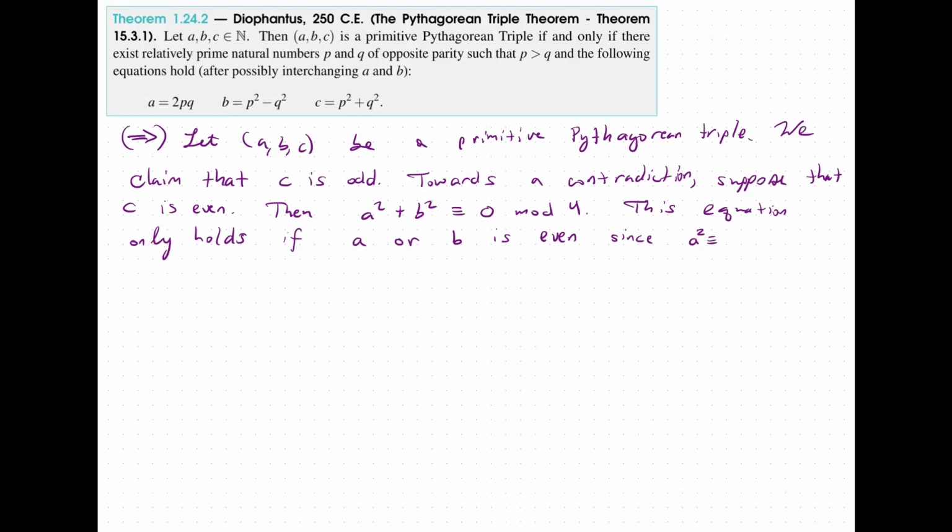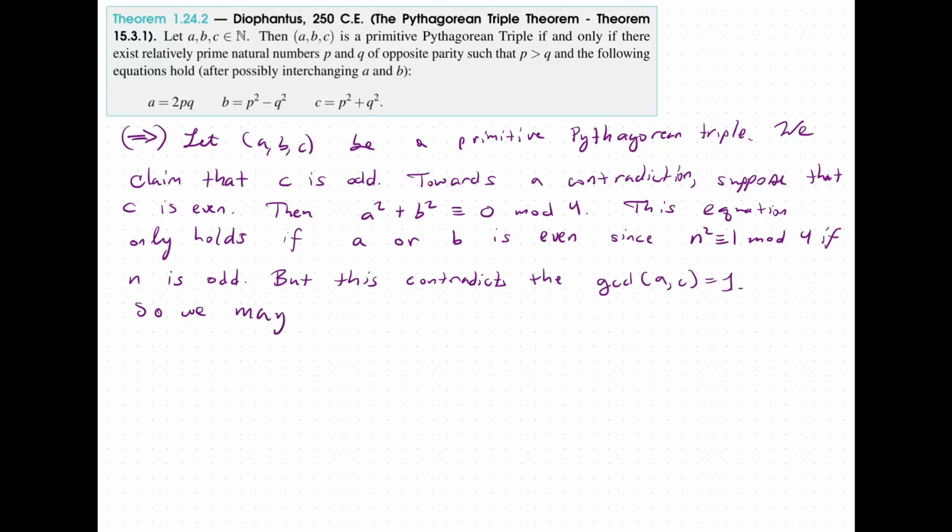Since n squared is congruent to 1 mod 4 if n is odd. But this is a contradiction to the GCD of A and C being equal to 1, since we started off by assuming that C was even, but now A has to be even. And so that takes care of that part of the statement.